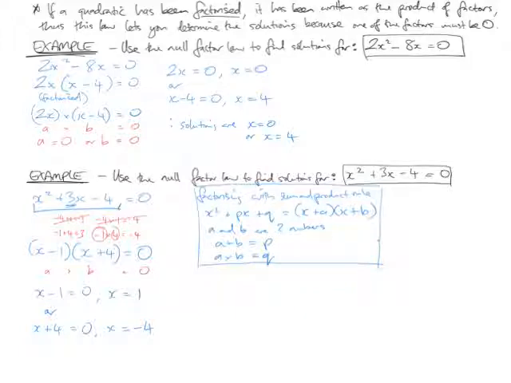What you'll notice in your book is that it gives you the question in this form already factorized, whereas in these examples I wanted to show how you later on would have to factorize it yourself using rules that we've taught you previously, like the sum and product rule. You need to factorize for yourself before using the new null factor law to find the multiple solutions.